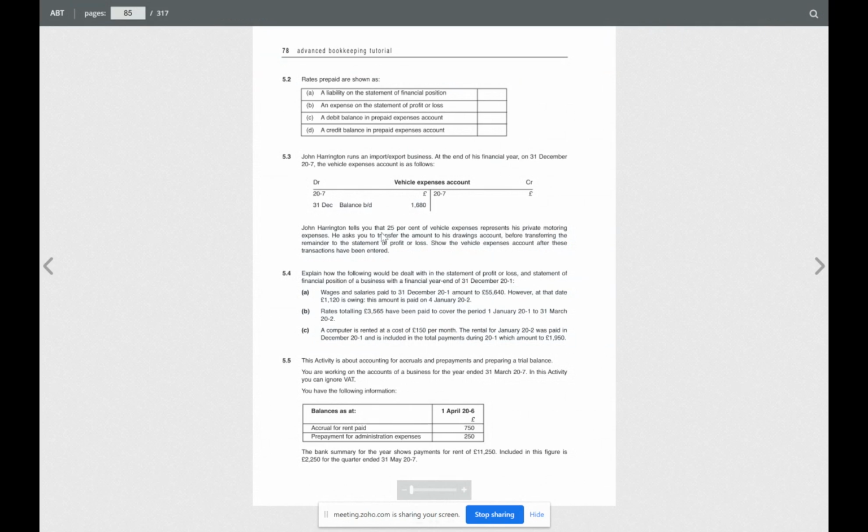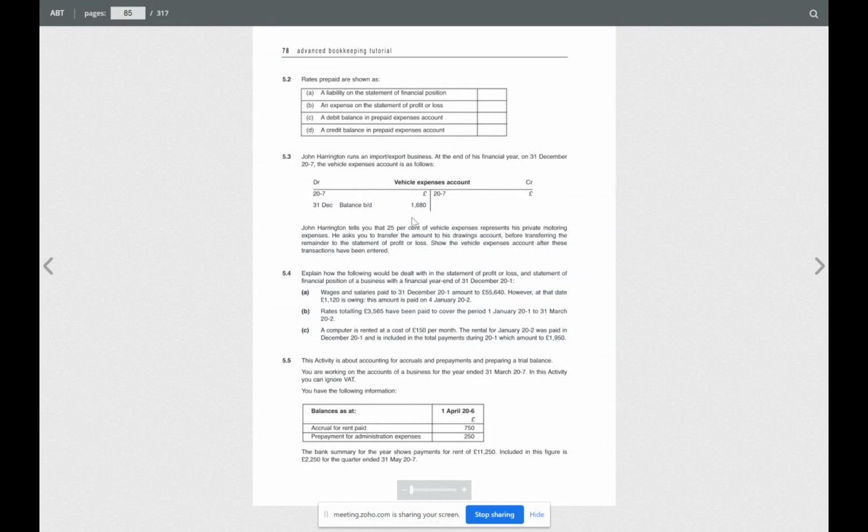Okay, so then it says John Harrington tells you that 25% of the vehicle expense represents his private motoring expense. He asks you to transfer the amount to his drawing account before transferring the remainder to the statement of P&L. Show the vehicle expense account after these transactions have been entered. As I just explained earlier, sometimes this expense shows the amount paid for private purpose generally by the owner.